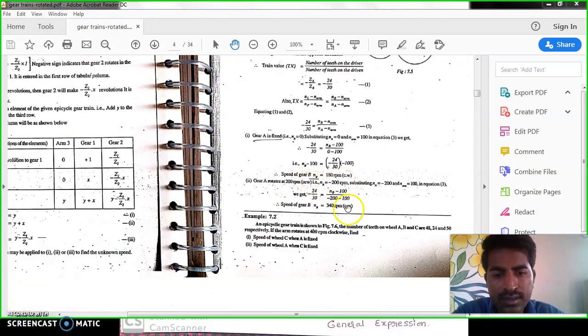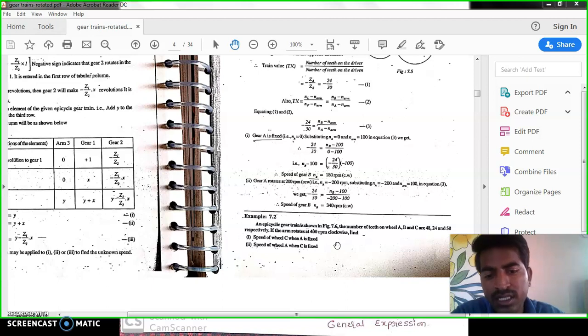Okay, next question is an epicyclic gear train shown in figure 7.6. The number of teeth on wheels A, B, C are 48, 24 and 50 respectively. If the arm rotates at 400 rpm clockwise, find first, the speed of wheel C when A is fixed.